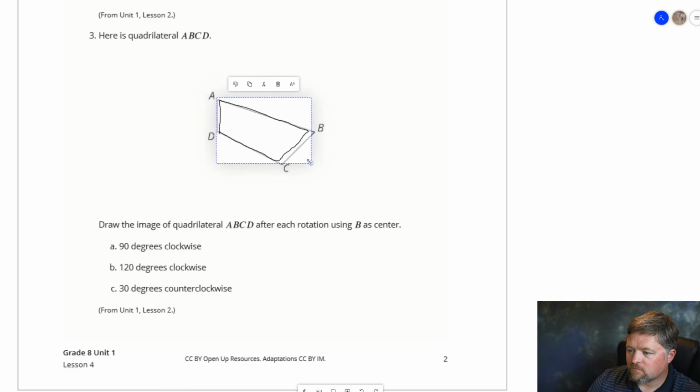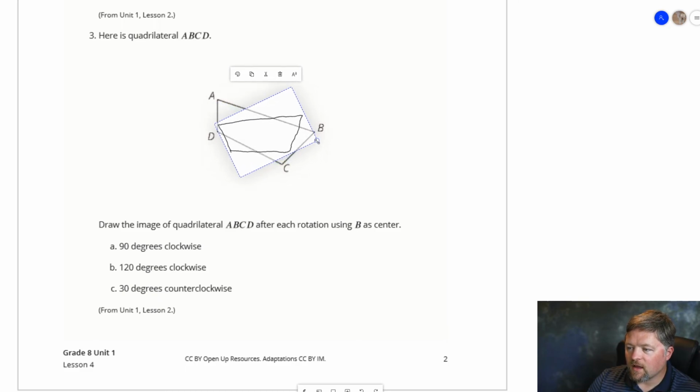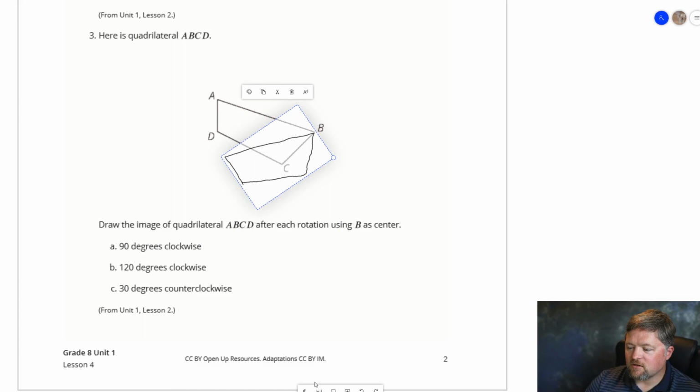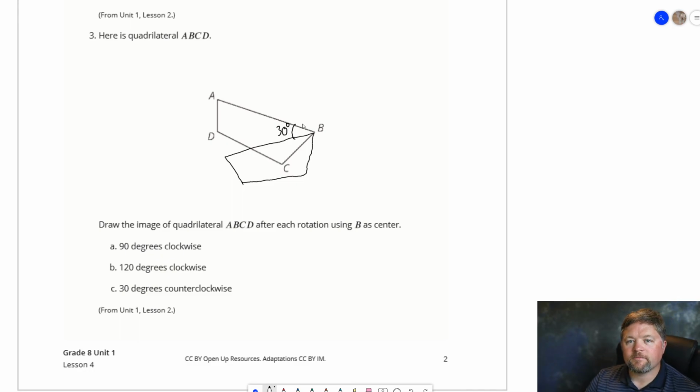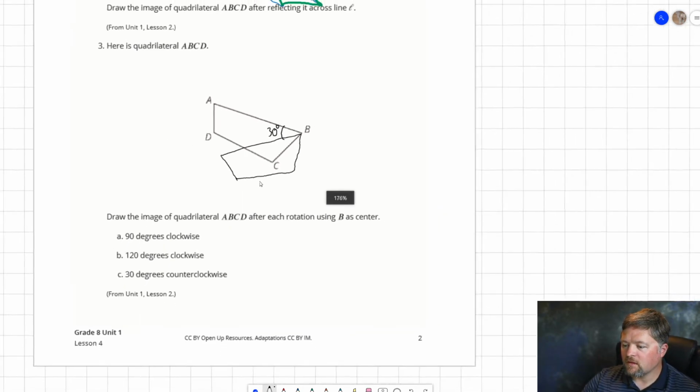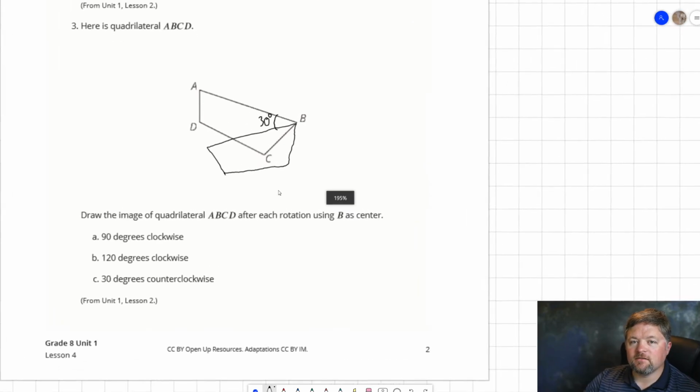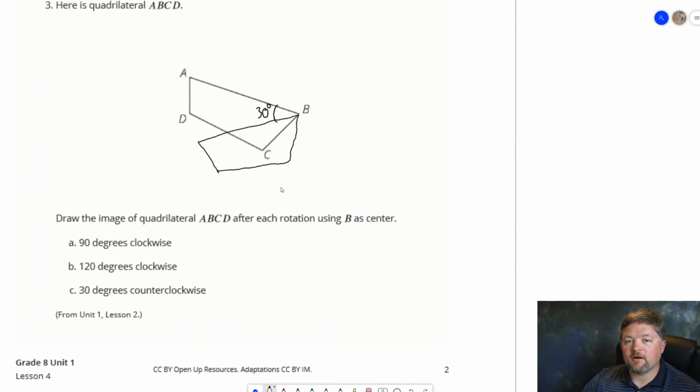Okay. 30 degrees counterclockwise means we're spinning the other way. 30 degrees. So it's going to look like that, but with this being a 30-degree angle. Again, for these, best way to do it, tracing paper and a protractor.